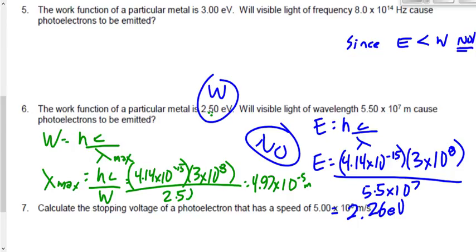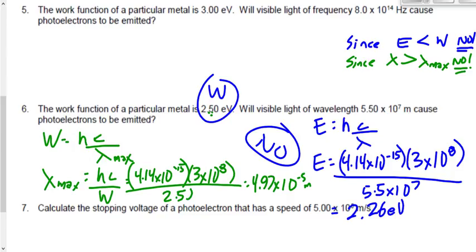In the second case, we would say that since lambda is greater than lambda max, no, electrons will not be ejected. You cannot be below the threshold frequency and get electrons ejected. You cannot be below the work function and get electrons ejected. You cannot be above the maximum wavelength and get electrons ejected. Does that make sense?